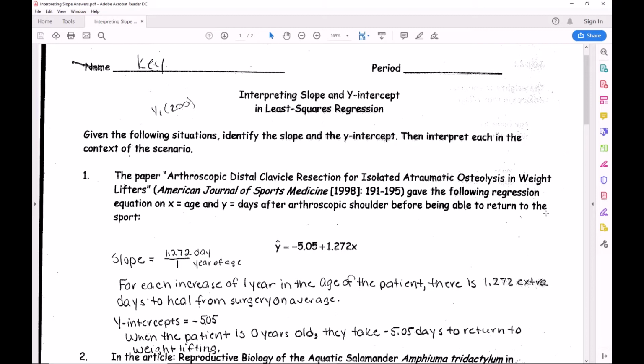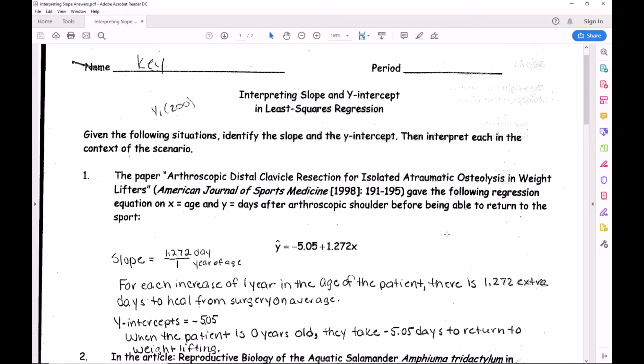The paper, Arthroscopic Distal Clavicle Resection for Isolated Atraumatic Osteolysis in Weightlifters, gave the following regression on x equals age and y equals days after arthroscopic shoulder surgery before being able to return to the sport.